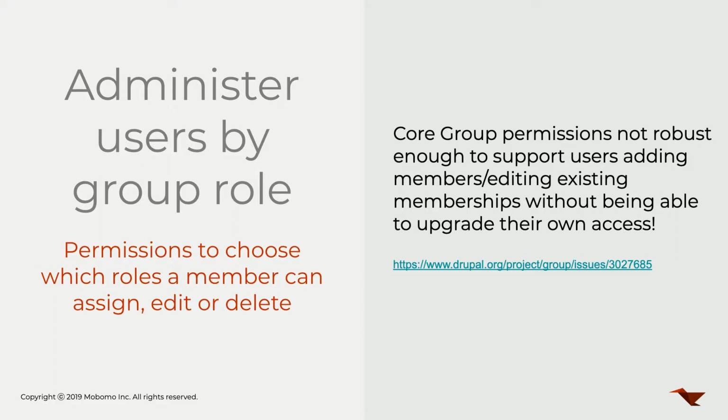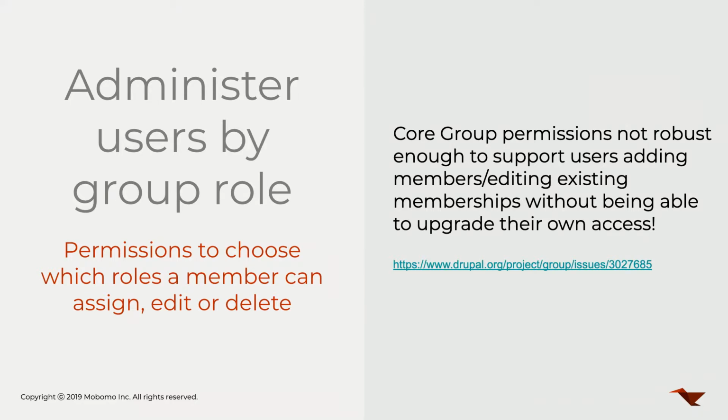Next is the ability to administer users by group role. This is a little tricky to explain, but I'm just going to read it, because that's the best I can do. Core group permissions are not robust enough to support users adding members or editing existing memberships without being able to upgrade their own access. Basically, if I am a member of this group at all, and you give me the ability to manage members, I can manage members.